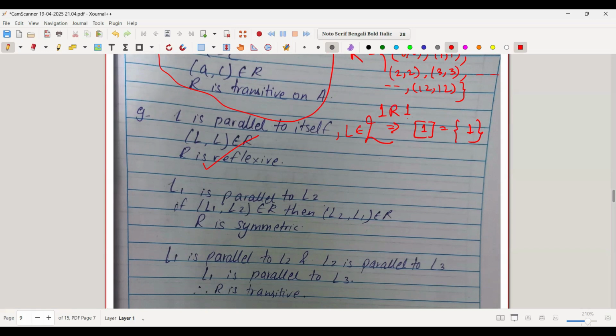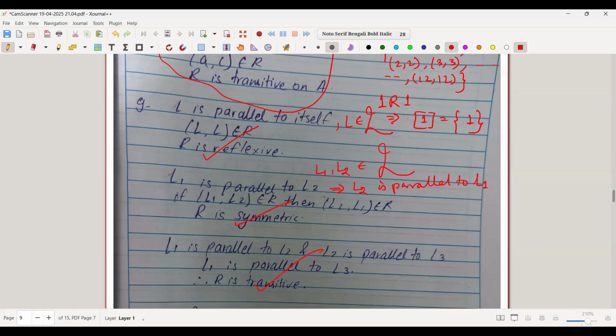If (L1, L2) belongs to R, then (L2, L1) belongs to R. So write (L1, L2) belongs to script L, and L1 parallel to L2 implies L2 is parallel to L1. Okay, this is symmetric, and this is transitive also.